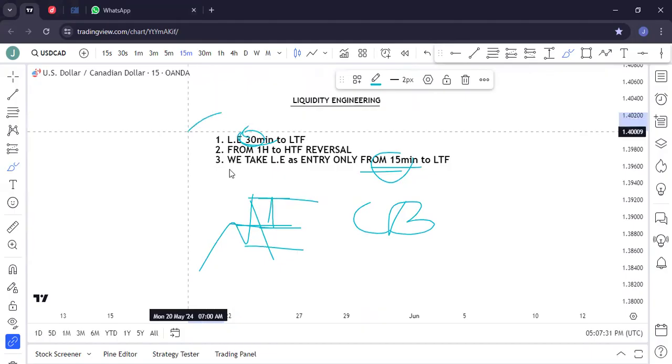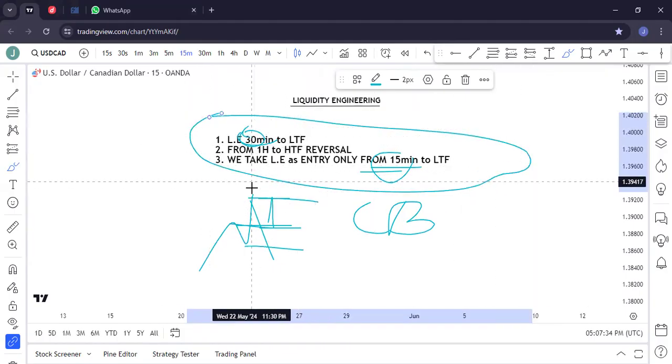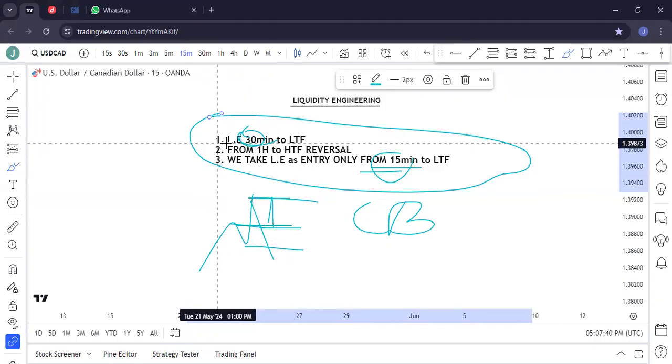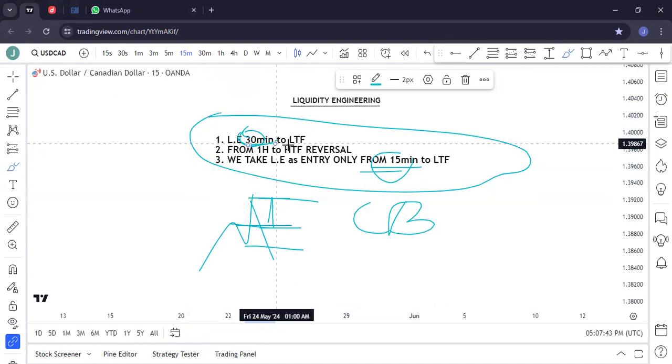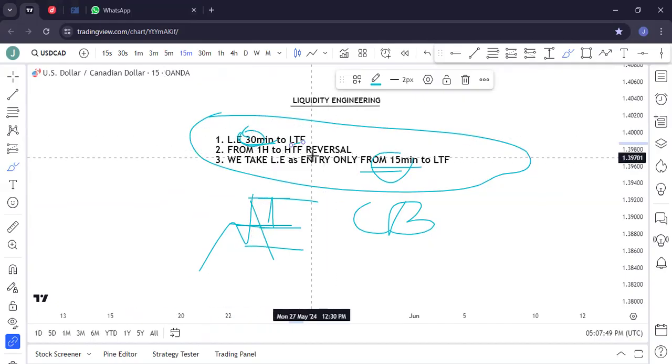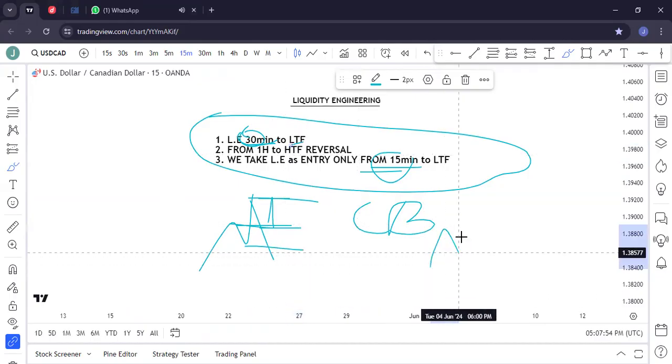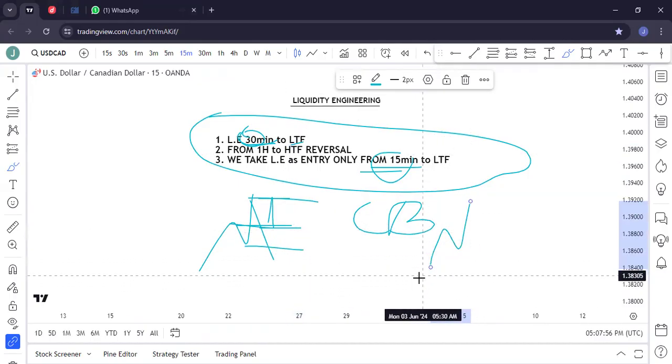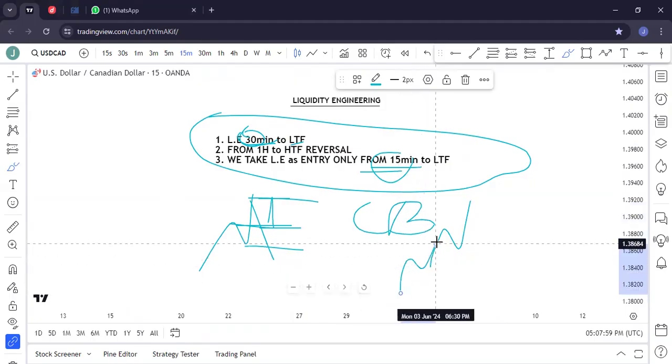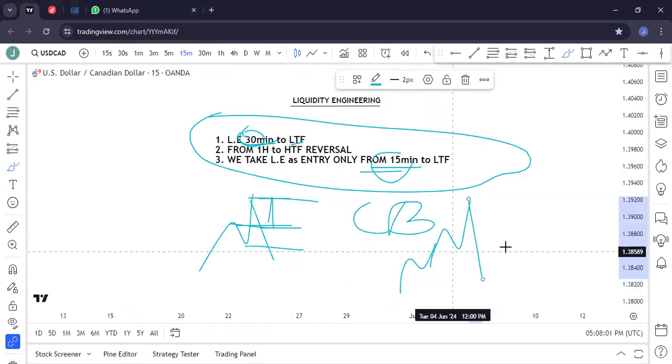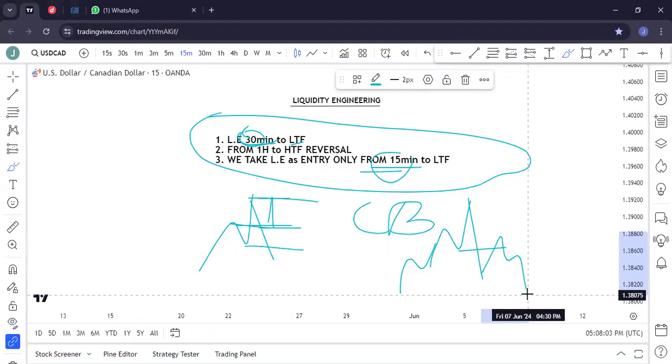So bear with me on these 3 points. First, we call it liquidity engineering only from 30 minutes to lower time frames. And from 1 hour to higher time frames, we call it reversal, where the market just reversed, maybe it was a bullish trend and now the market changed to bearish.